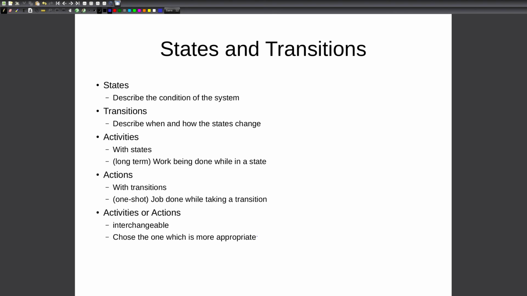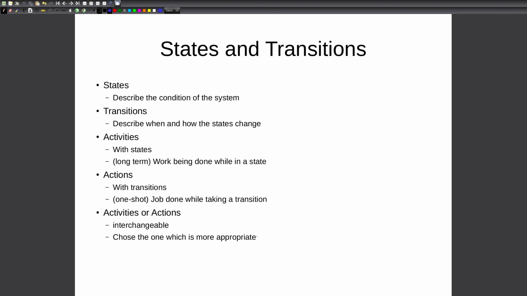Transitions describe how and when the states change. Now, there can be work associated either with states or transitions. So we have activities. Activities are associated with states, and it's a long-term work that's being done while in the state. This work is done all the time as long as the system is in this state.